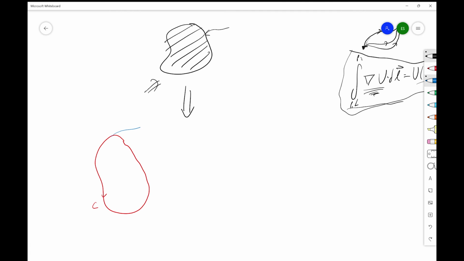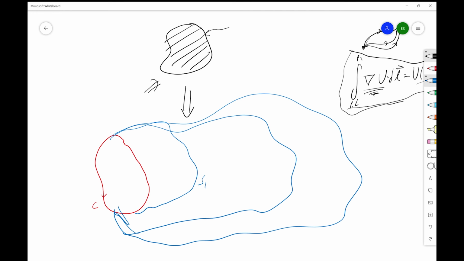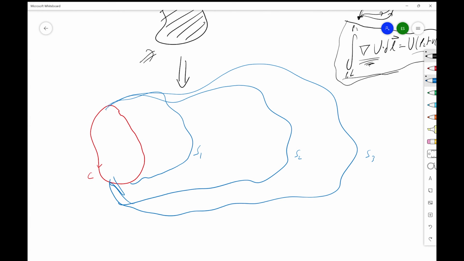So this ring here is like the hoop that you plunge into the soapy water. This could be one surface, a second surface, a third surface: S1, S2, S3. The surface is like the bubble that starts to form once you blow into the hoop.